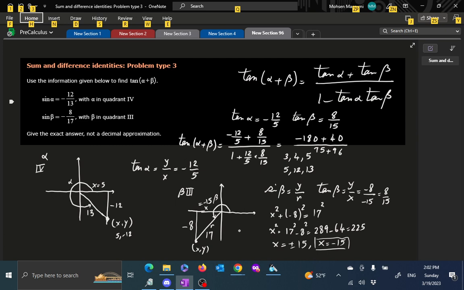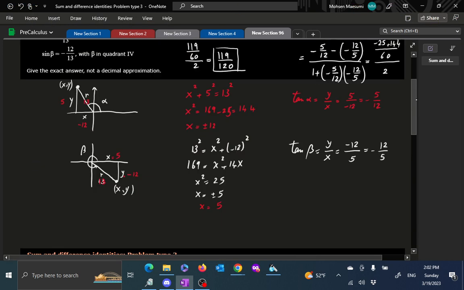Just go ahead and do the arithmetic however you're comfortable with. Minus 140 over 171, if I'm not mistaken. So let me double check to see. So our final answer turns out to be this fraction.